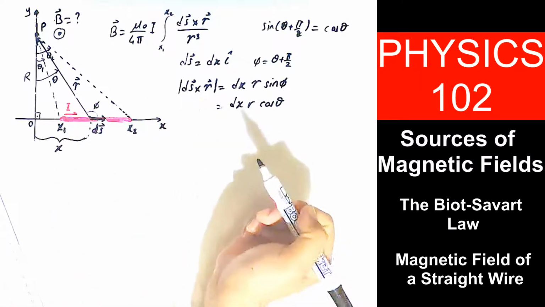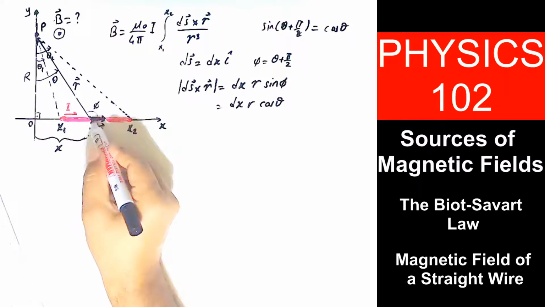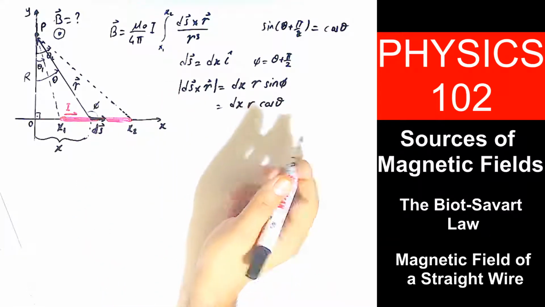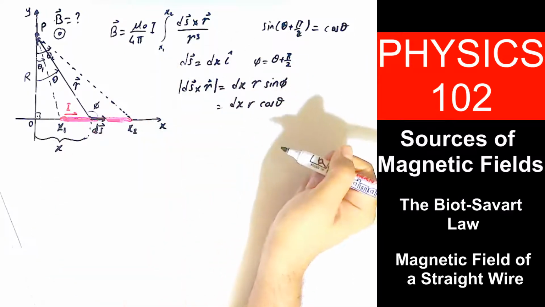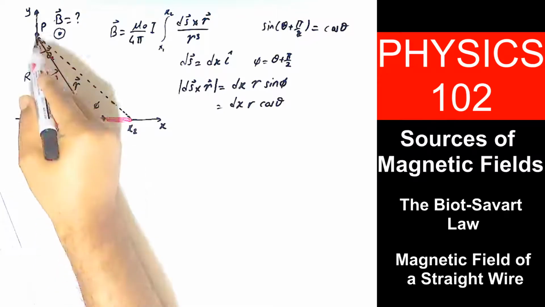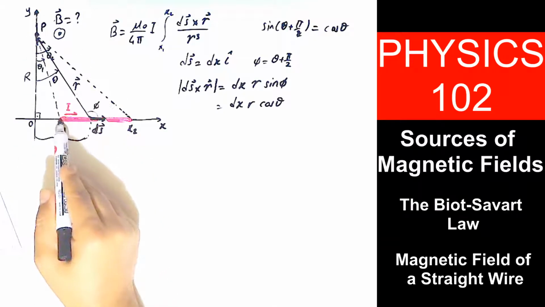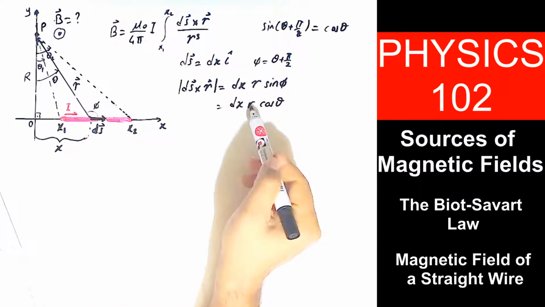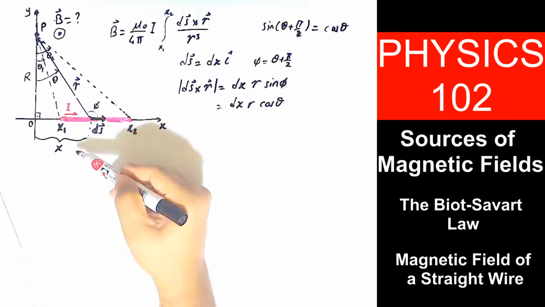If this is x, this is going to be dx. And when this ds vector and r vector go from point x1 to x2, they're all changing. Theta is changing, r is changing, and x is changing.